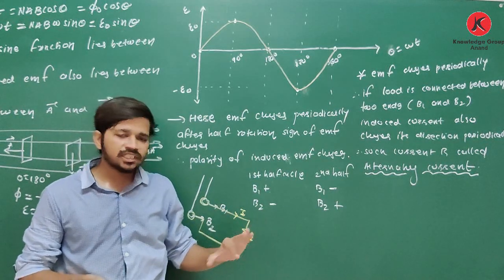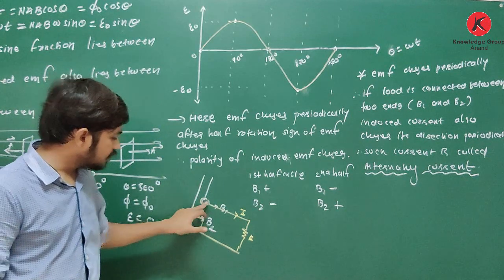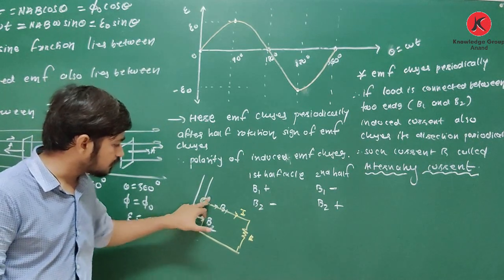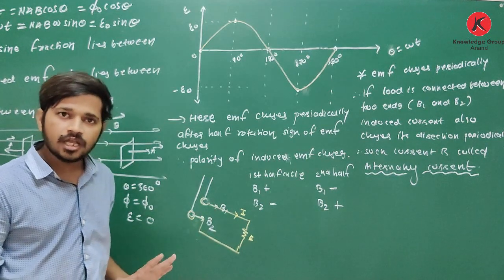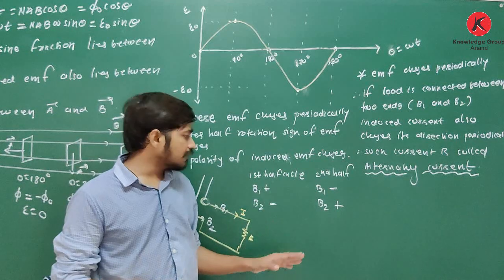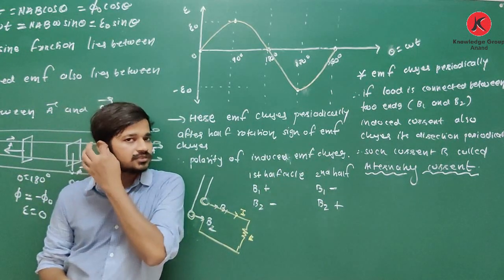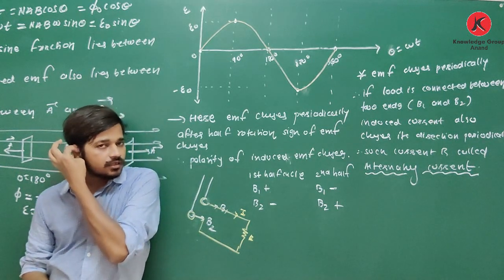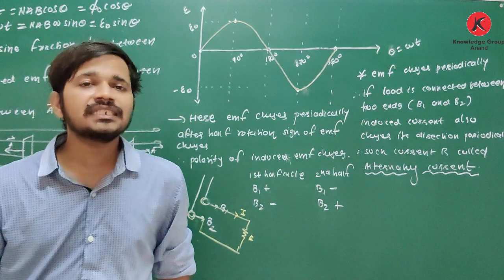The reason is that these two poles change their polarities. During a half cycle if B1 is positive and B2 is negative, then during the next half cycle B1 is negative and B2 is positive, and this is repeated. Clear about this? It is all about the AC generator.